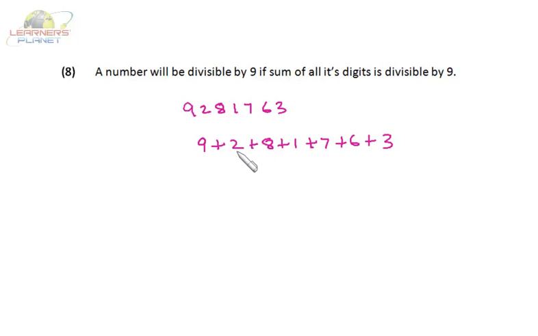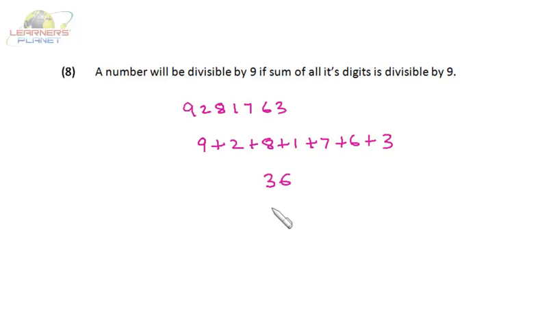So 9 and 2 is 11, 11 plus 8 is 19, 19 plus 1 is 20, 20 plus 7 is 27, 27 plus 6 is 33, and 33 plus 3 is 36.